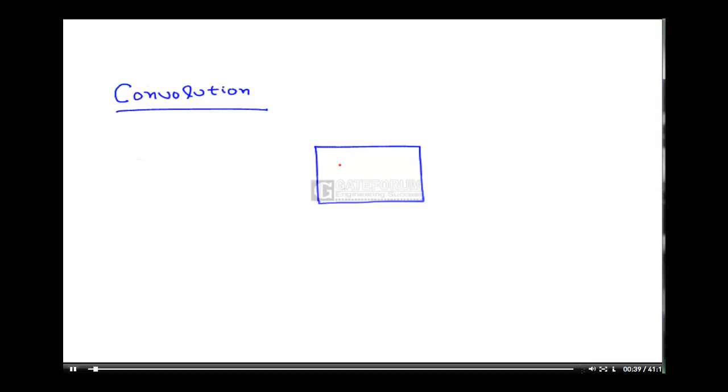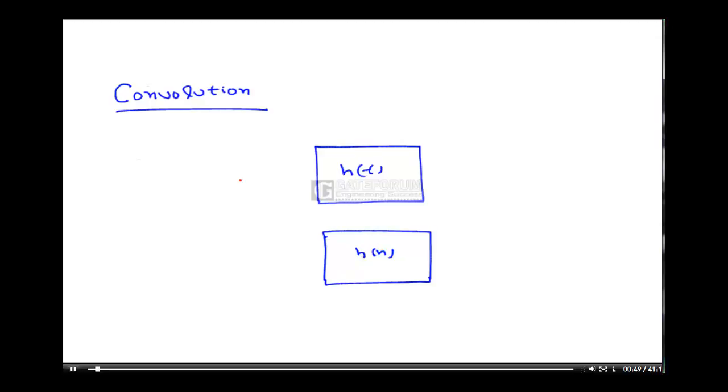Vector function. Okay. First of all, why do we need a convolution? To understand the convolution, we will take any system, either a continuous time system h(t) or a discrete time system h(n).